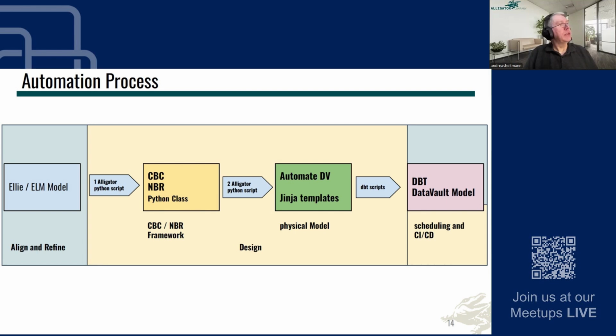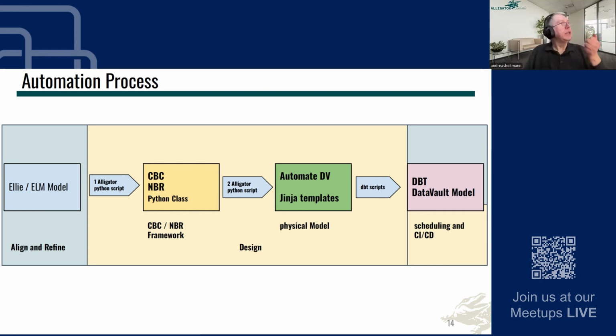I choose this interlaying step because I still like to be independent from the physical implementation at this point, and just use a standard I defined for my Python class, NBR and CBC, to use it.